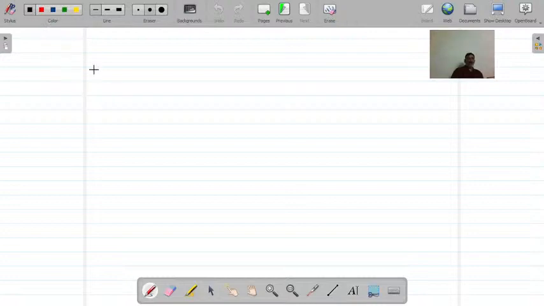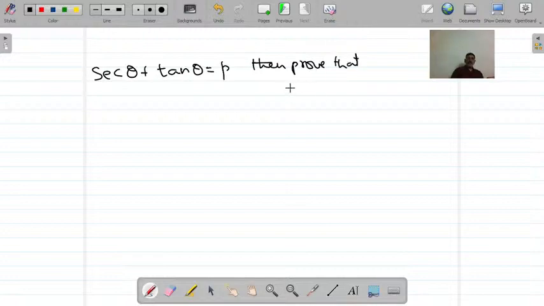Suppose you know that secant theta plus tan theta is equal to p, then prove that sin theta is equal to p square minus 1 by p square plus 1.